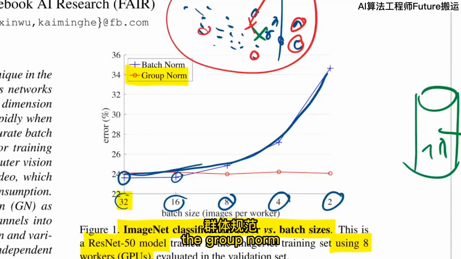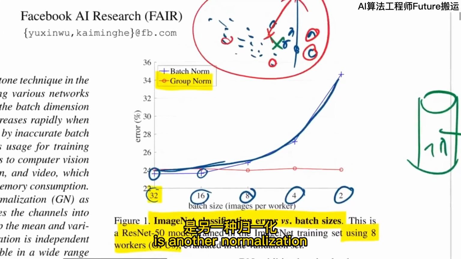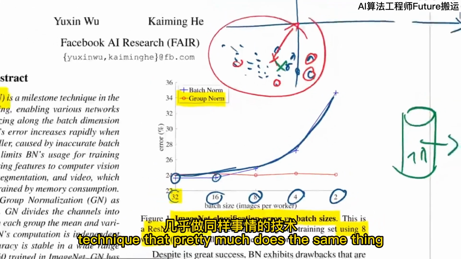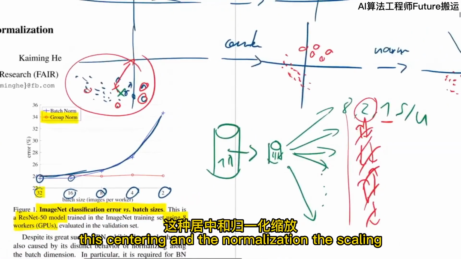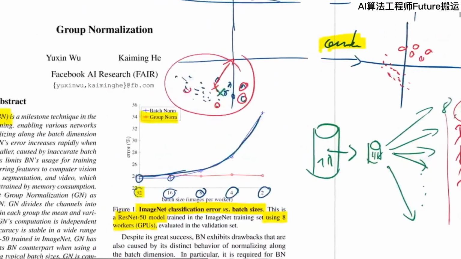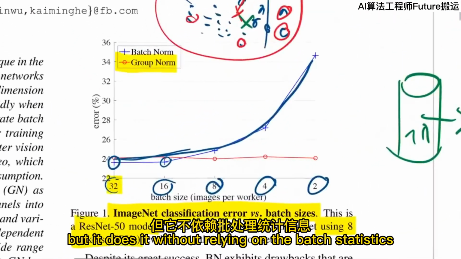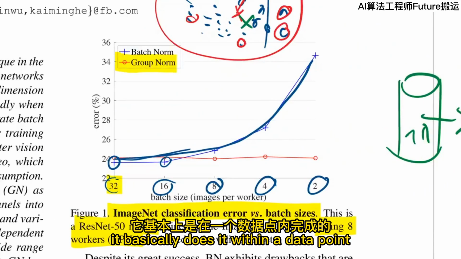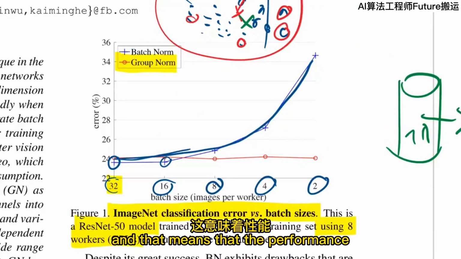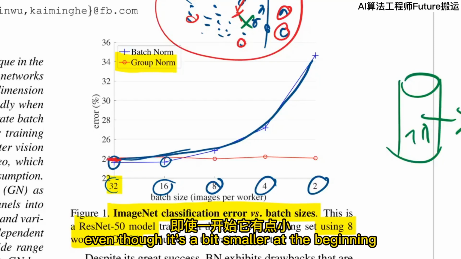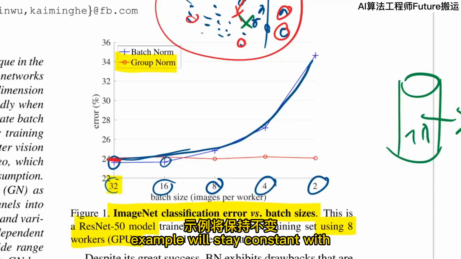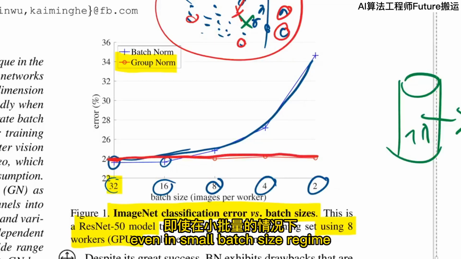The group norm, this paper claims, is another normalization technique that pretty much does the same thing, this centering and the normalization, the scaling, but it does it without relying on the batch statistics. It basically does it within a data point. And that means that the performance, even though it's a bit smaller at the beginning for this particular example, will stay constant even in small batch size regimes.